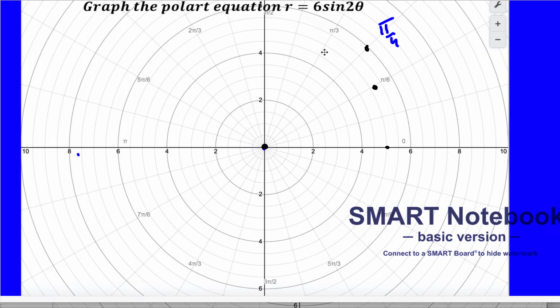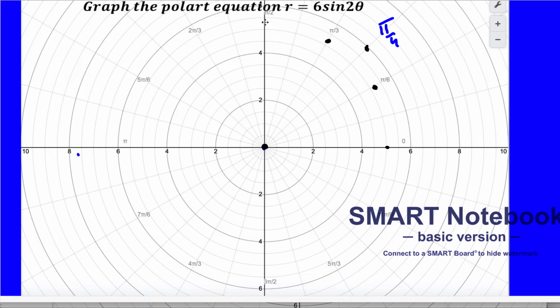And if I go here for pi over 3, we get the same thing, because instead of theta I am applying pi over 3. And sine of 2 pi over 3 turns out to be 0.866, what we looked at before. If I multiply, we get the same value, 5.20, and 5.20 is here somewhere.